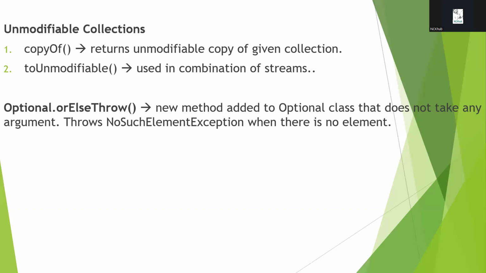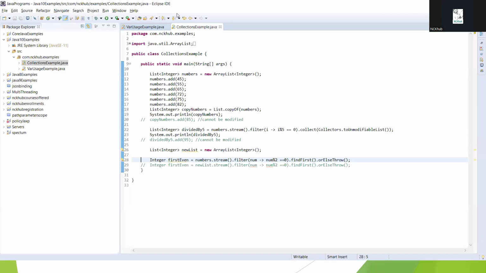Okay. The second one is toUnmodifiable, which is used in combination with streams, which we will be seeing now in an example. Okay, for this I have taken one particular list of integers, and I have added 1, 2, 3, 4, 5, 6 values. Okay, 45, 55, 65, 72, 75, 82.